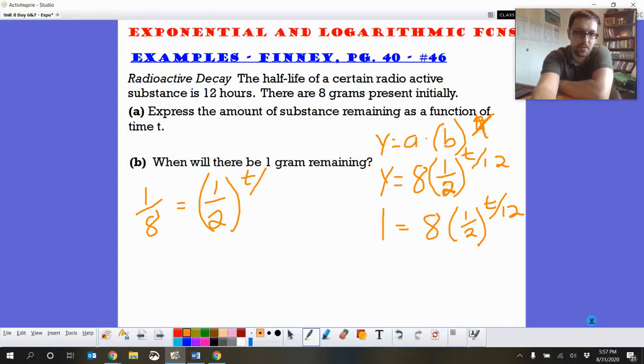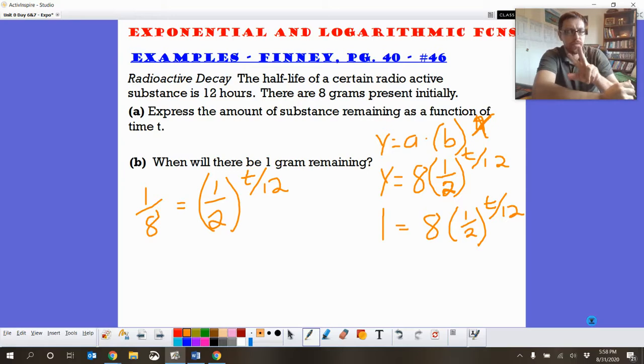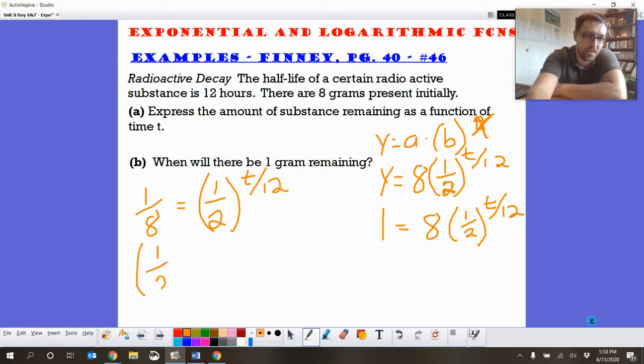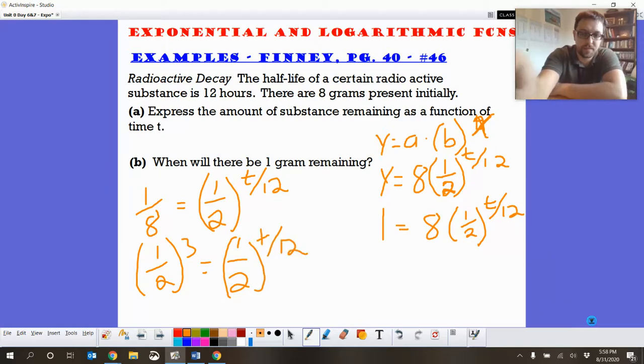t to the 12. Now, I could do some logarithm stuff, but now I'm looking at that 1/8 and that 1/2, and I'm wondering, could I make those bases match? I bet I could, because if I do 2 times 2 is 4 times another 2, yeah, that's 3. So I can make these bases match and get 1/2 cubed equals 1/2 to the t over 12.